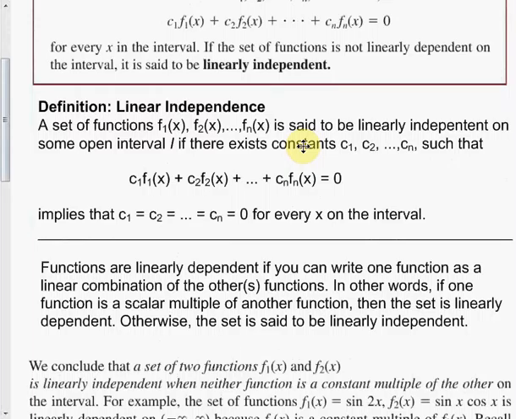If there exist constants, C1 to Cn, such that the linear combination of the functions with the constants is equal to 0, here's the key, implies that C1 equal to C2 equal to, and so on, equal to C sub n, they all equal to 0. That's said to be the definition for linear independence.